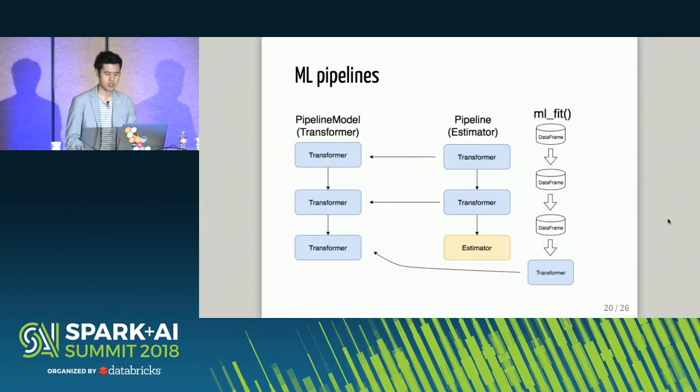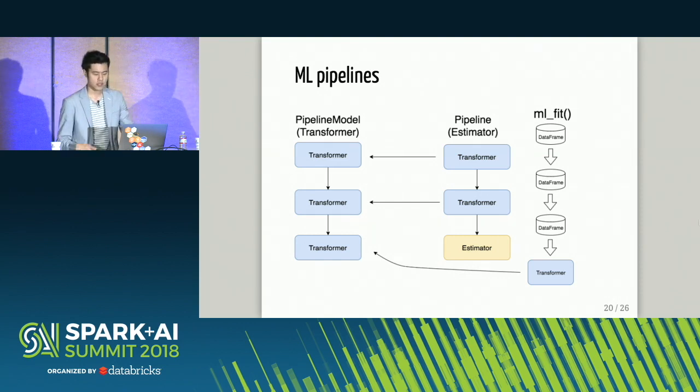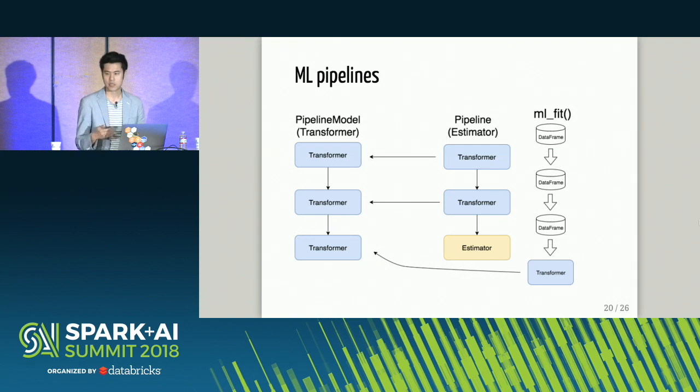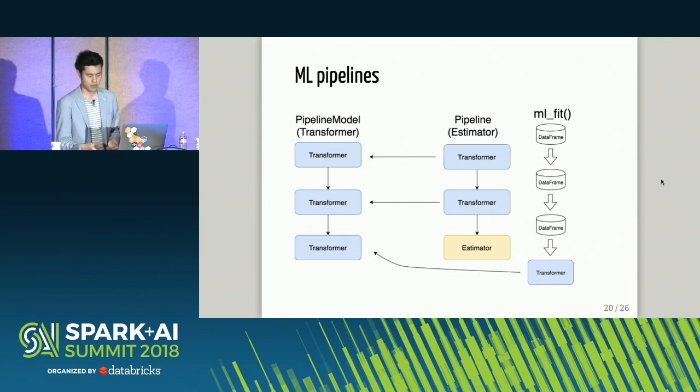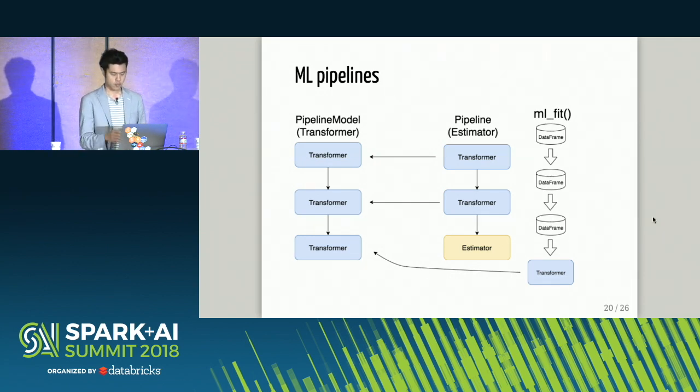So let's move on to this slide. Here we have an example of a pipeline. In this case, we have a couple of transformers and an estimator. You can think of the transformers as feature engineering steps, and the estimator could be like a classifier. Using the ml_fit function, when you pass in a pipeline and a data frame, you end up with a pipeline model with the two transformers from before.